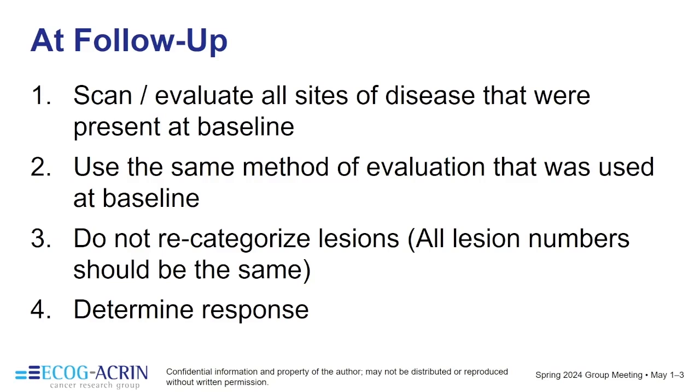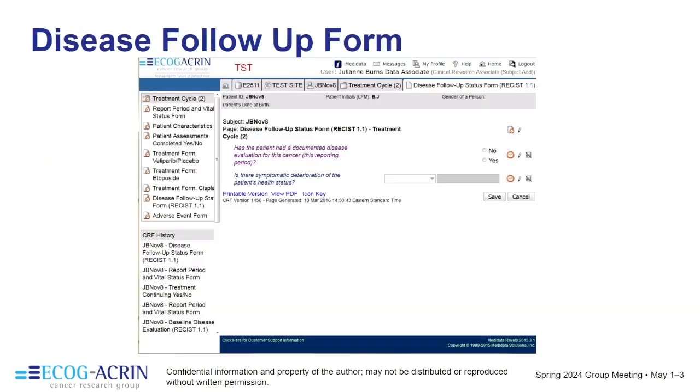And you will not recategorize lesions. All lesion numbers should be exactly the same for target lesions and non-target lesions. And then, based on that data, you're going to determine response.